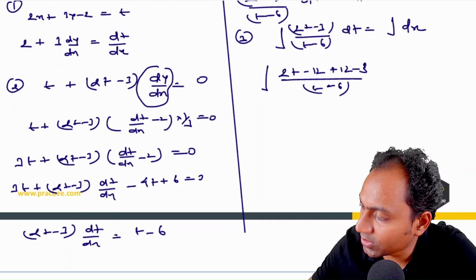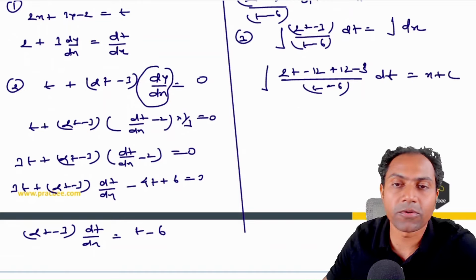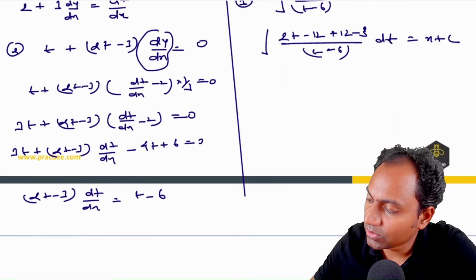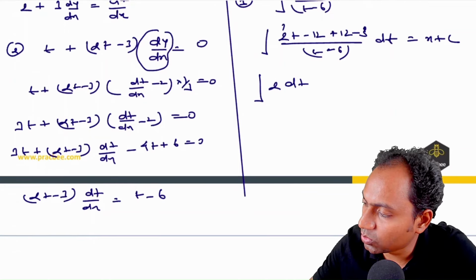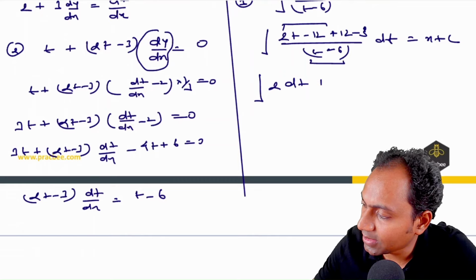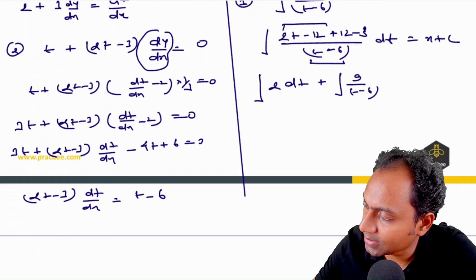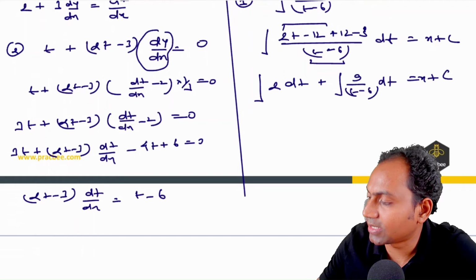So what I'm trying to do is I'm trying to split it into two integrals. You can see the first integral will become 2 dt, because 2t minus 12 divided by t minus 6 will become nothing but 2. And the second part becomes nothing but integration of 9 by t minus 6 dt is equal to x plus c.